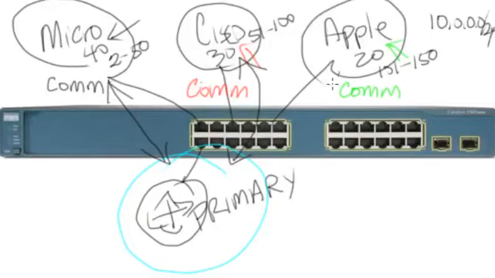And Apple also has access to communicate with the primary VLAN. So the primary VLAN is simply a bidirectional communication mechanism that each secondary VLAN can use to communicate with the outside world. So the Microsoft, Cisco, and Apple are all isolated from each other, yet they can all speak to the primary VLAN. And that's the primary VLAN's primary job.